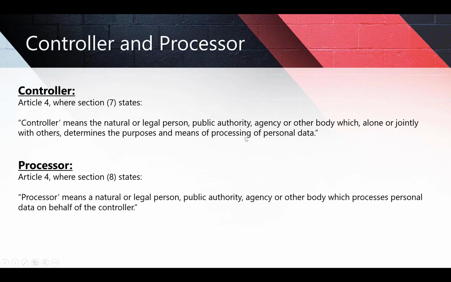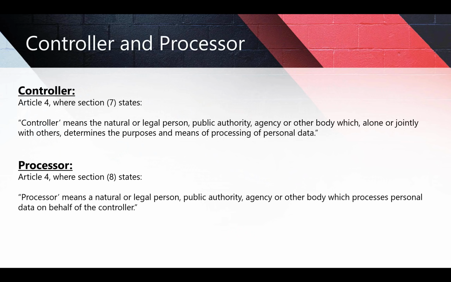And here are some of the terminologies we need to understand in GDPR: controller and processor, very famous terminologies. So the controller is the one who actually determines the purposes and means of processing personal data, who actually collects the data, understands the requirement of having the personal data, determines the need and means of processing that personal data.